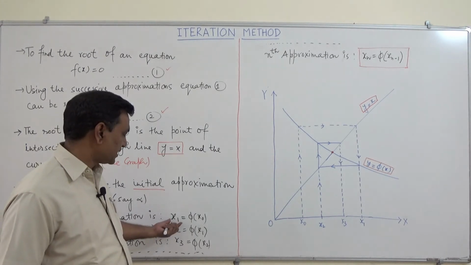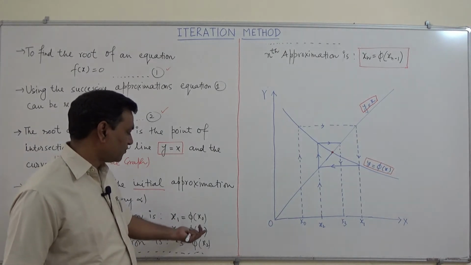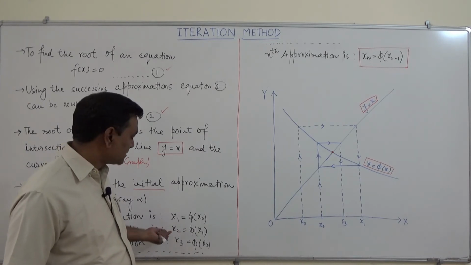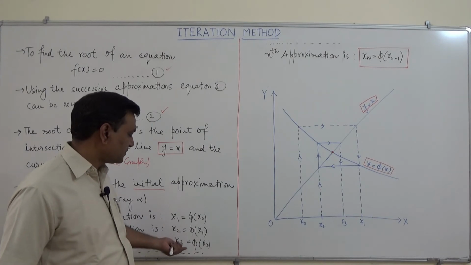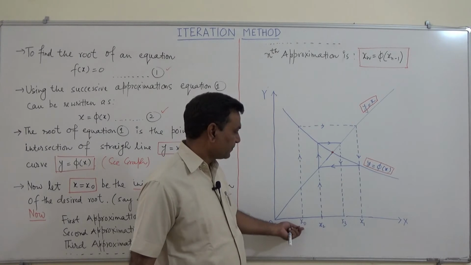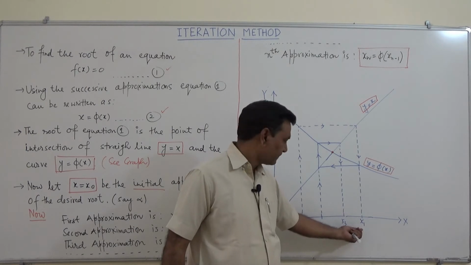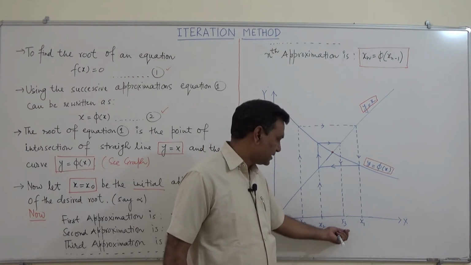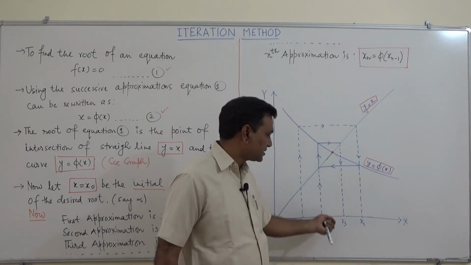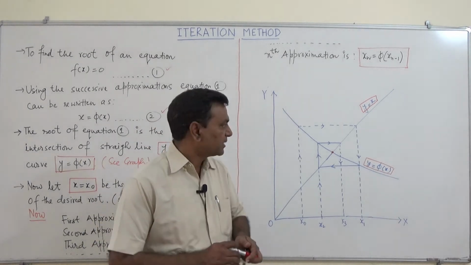After getting x1 we put it again in phi(x) to find phi(x1), which is the second approximation, and then we use this value for the next. Then x4 and then x5, and ultimately we reach the root. This is the basic principle of the iteration method.